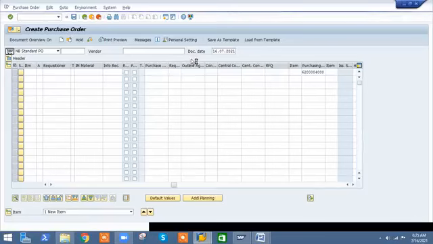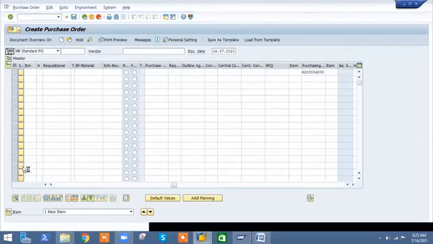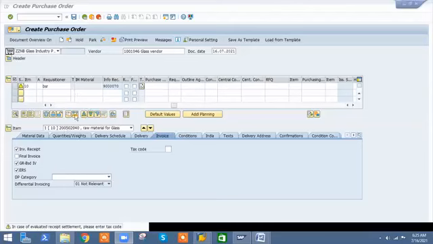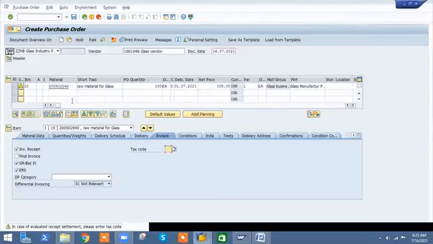Today I am going to create this purchase order, so that should be the document date. Yeah, you can see this is the raw material. This is the material 200502040, and the material description is raw material for glass.